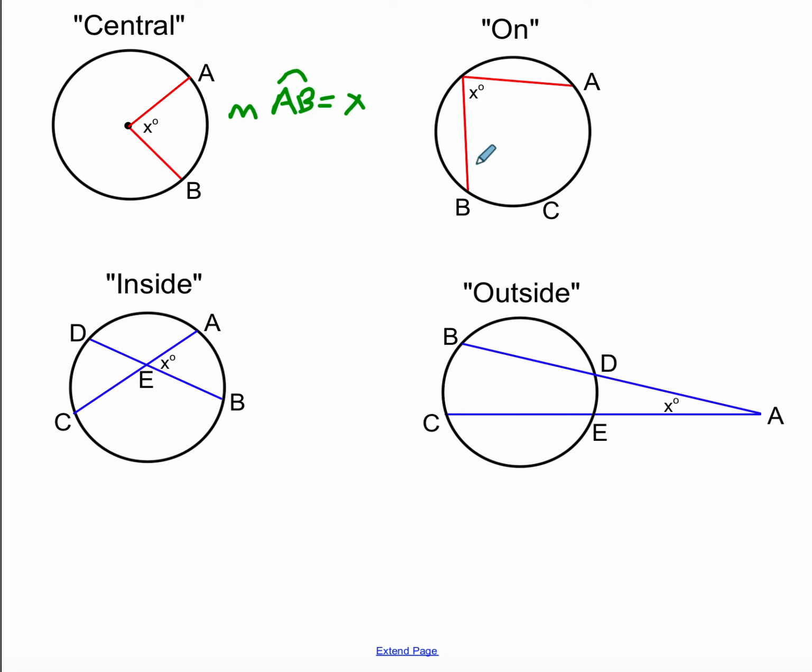This one would be on, and this one, if we have an inscribed angle, then the inscribed angle X is going to equal 1/2 of its intercepted arc, which is arc ACB. And you can go along. I would put all of these on your cheat sheet. Okay, I would draw them and I would write these rules. This will help you tremendously.